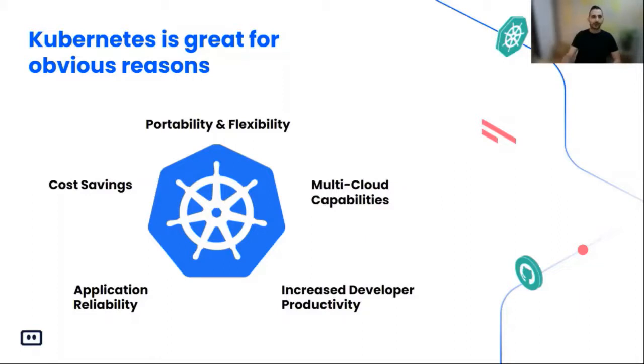Now about cost savings, I think in the long run, Kubernetes is more cost effective if you know what you're doing, meaning that the base cost of having a Kubernetes cluster is probably a bit higher than just spinning up a virtual machine and deploying an application on it.